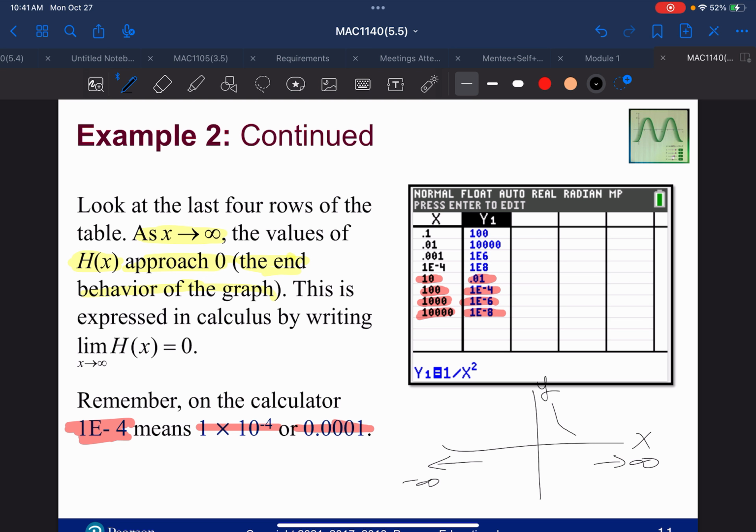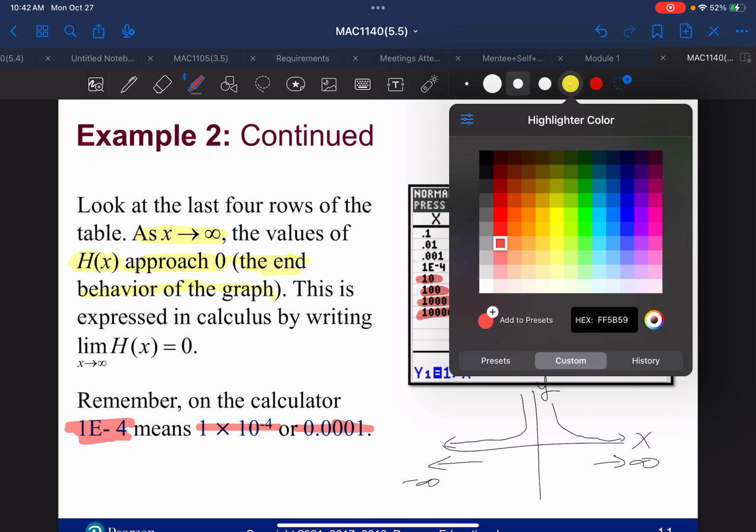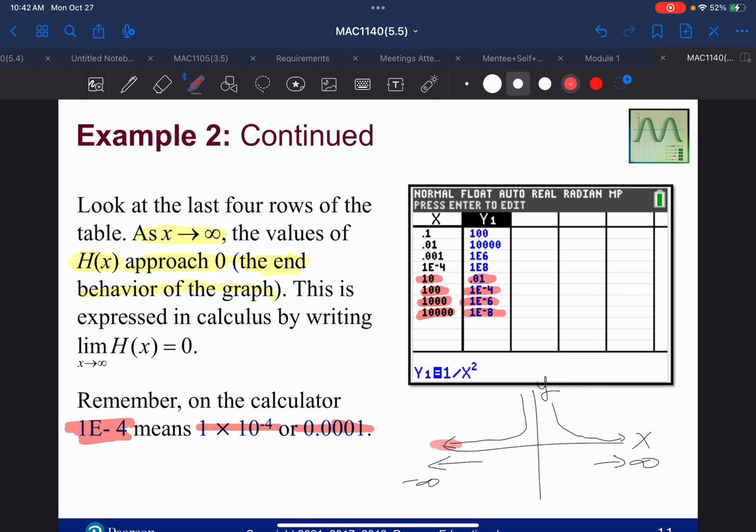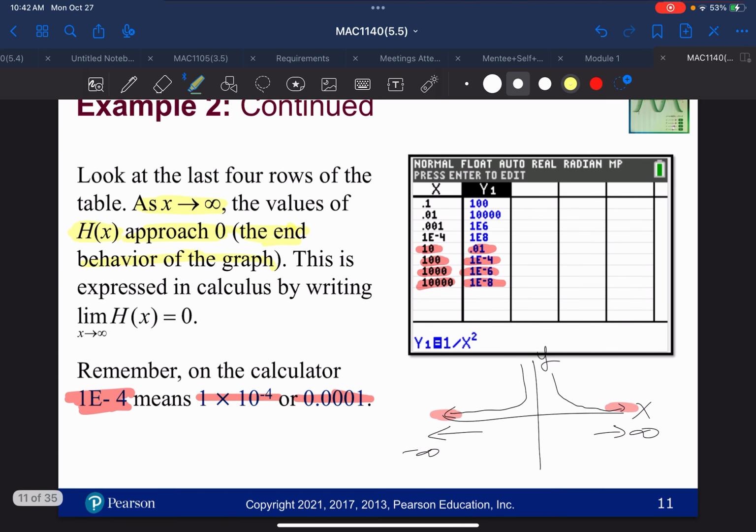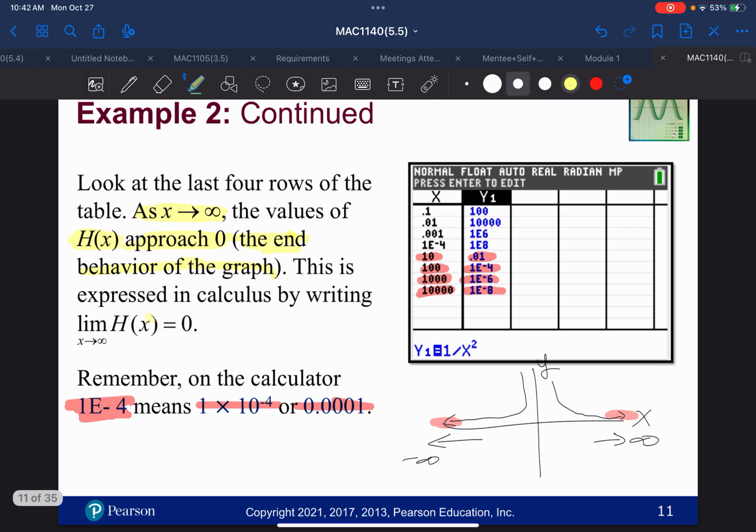And as we've seen, they're getting really, really close to 0, but never touching it. So the end behavior is just describing what's happening at these endpoints as x is getting closer to infinity. And then we can express this notation-wise as the limit of our function h of x as x approaches infinity is equal to 0.